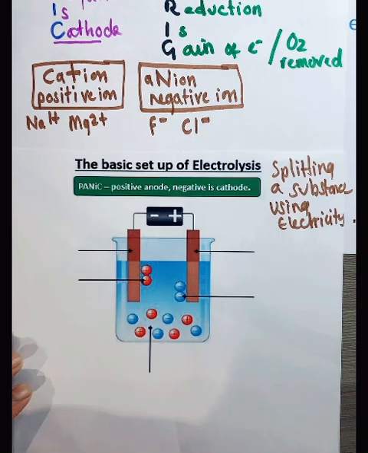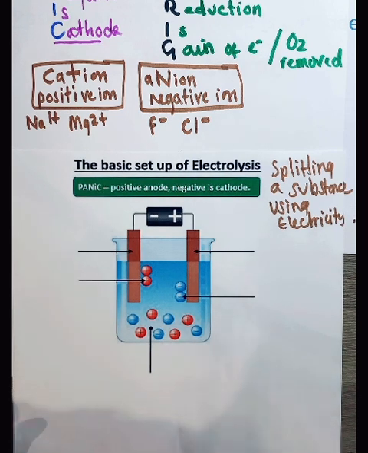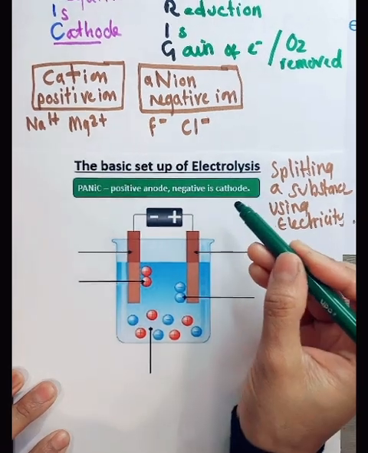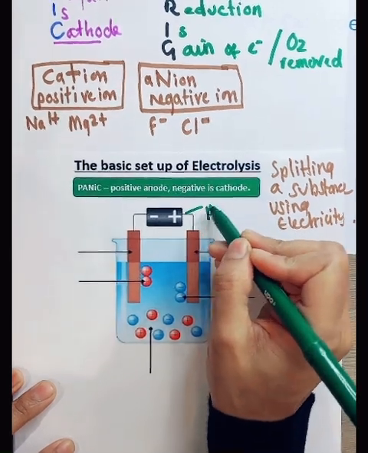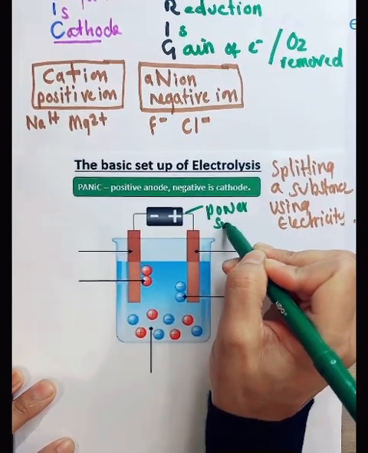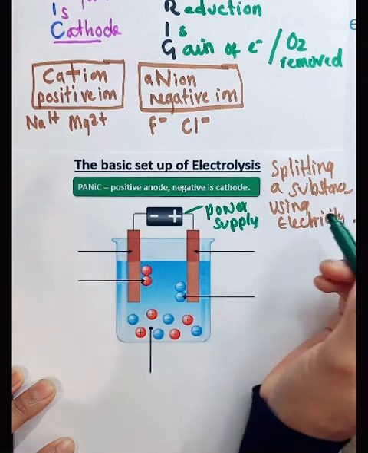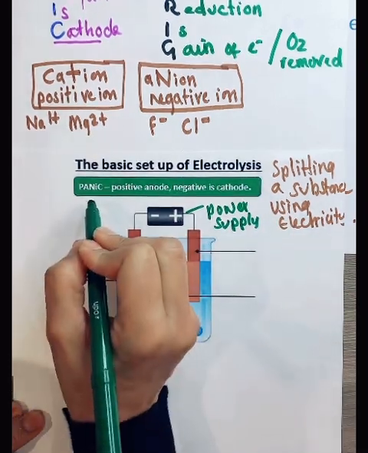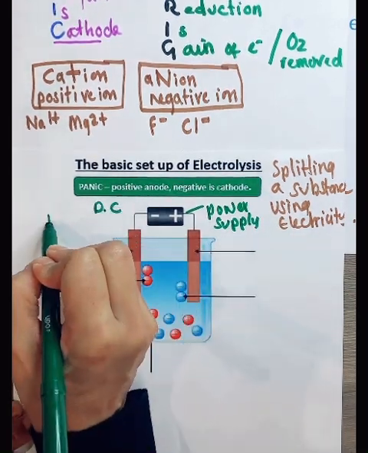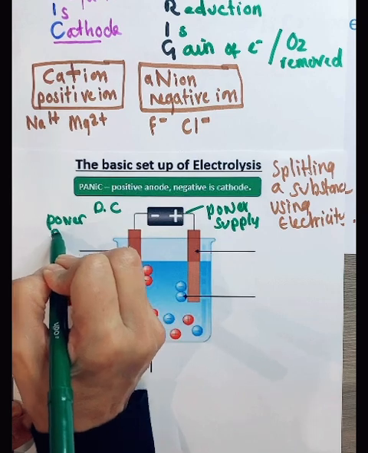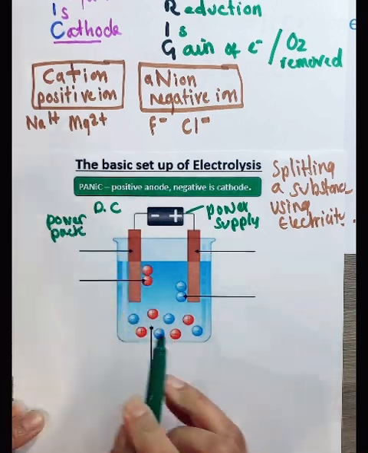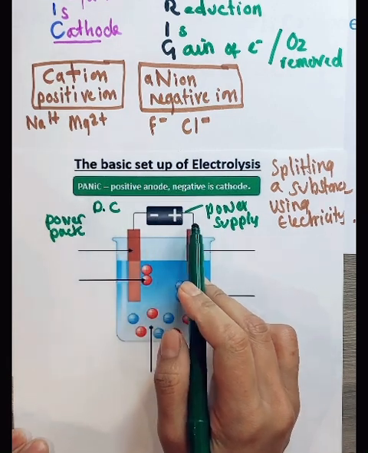Or you can say splitting up an ionic compound using electricity. Now this diagram is a basic setup of electrolysis. We'll use this and then we'll draw it again. This here is the power supply. And you need to label that on. You can also call it a direct current or a power pack. So as long as you label this, you will get the mark.